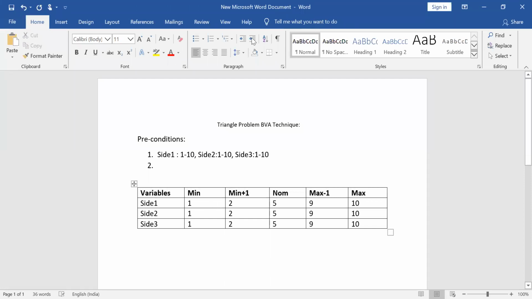Is this fine? This one, all of you know it, right?